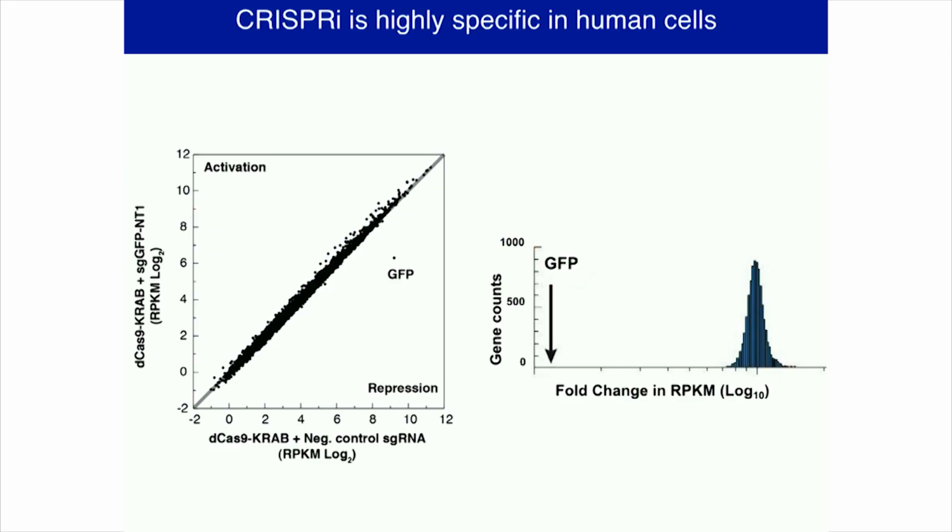You can see basically every other endogenous gene has minimal change, actually within the noise of the RNA-seq experiment, and this was really quite a clean RNA-seq experiment, whereas GFP is effectively shut down by almost a couple of logs. So now we have these precision tools for turning on and off any gene at will.